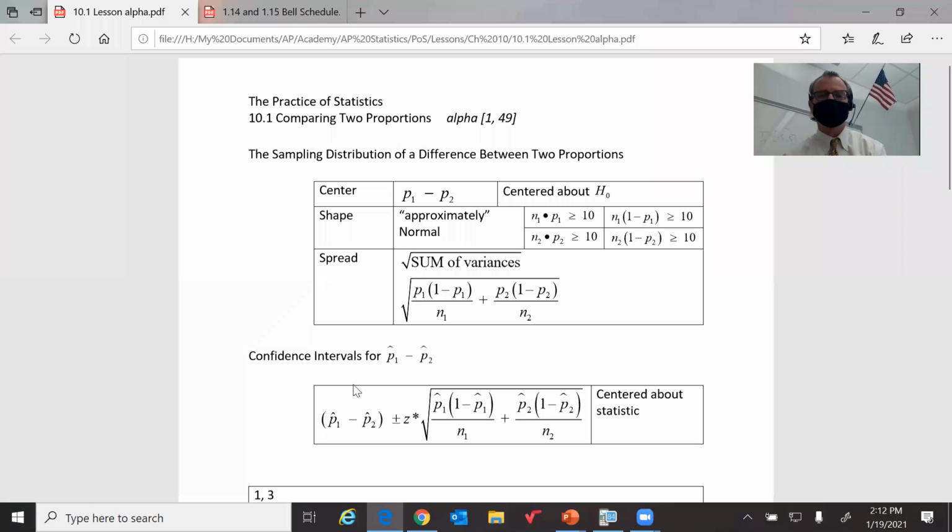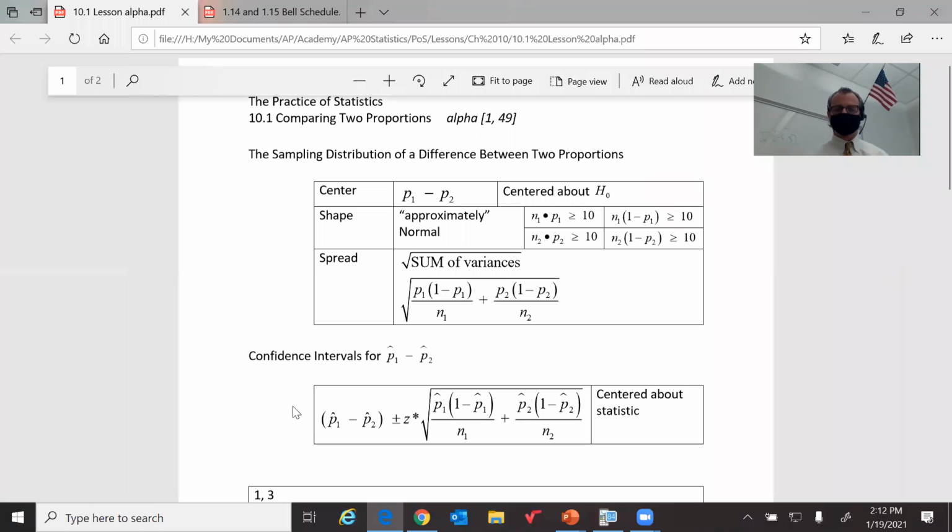So, here is the summary, which I'm saying. Center, shape, and spread. It's approximately normal if you meet these conditions. The variability is the sum of the variances.